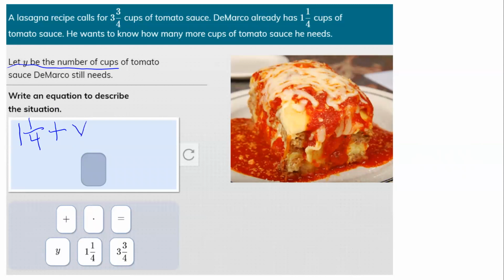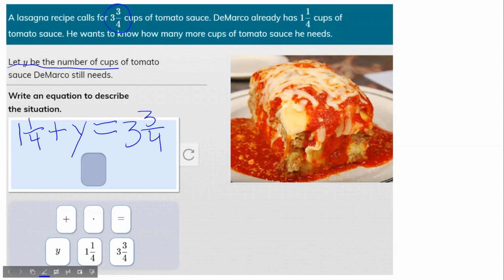We'll use Y. All right, so 1 1/4 plus Y will be equal to the total amount of tomato sauce that he needs. And how much does the recipe call for? It calls for 3 3/4 cups altogether.